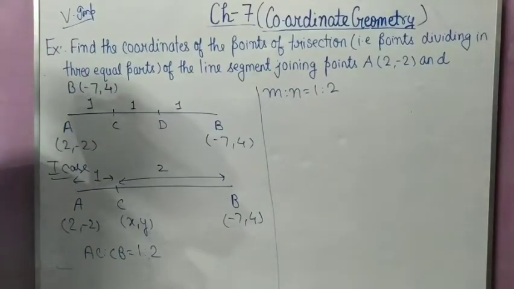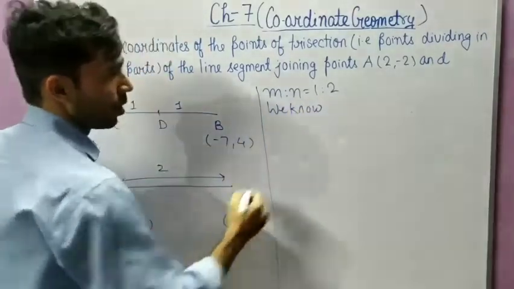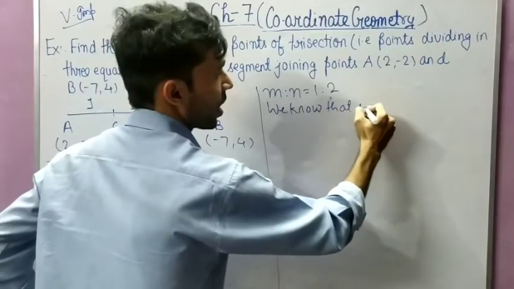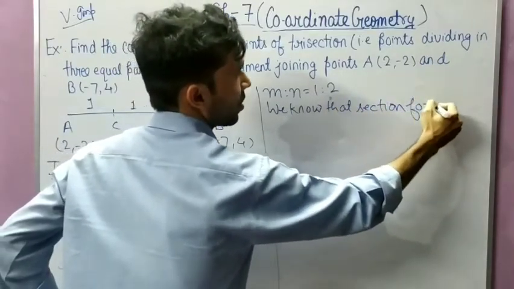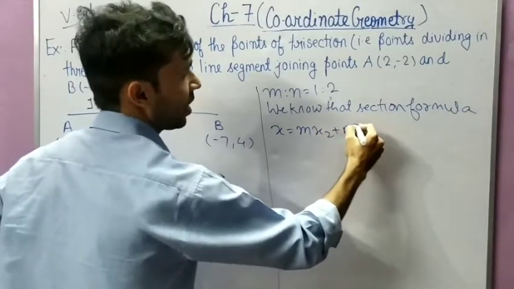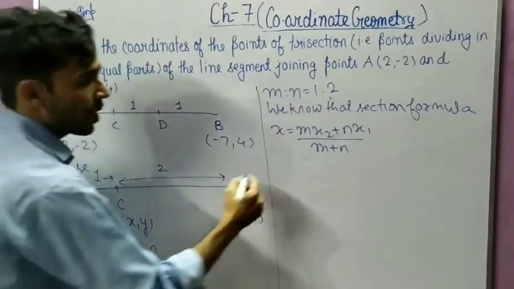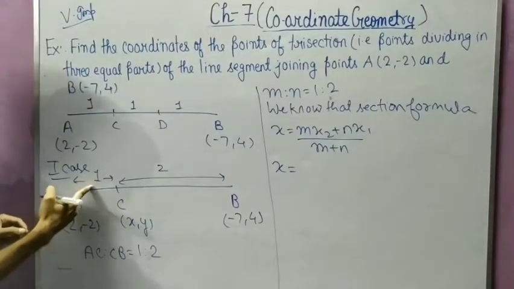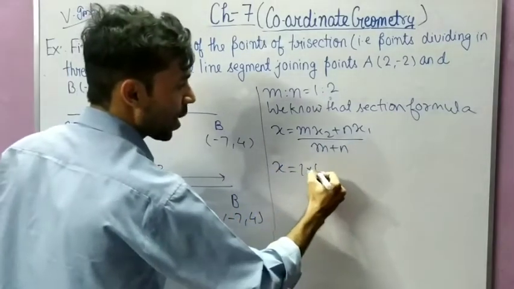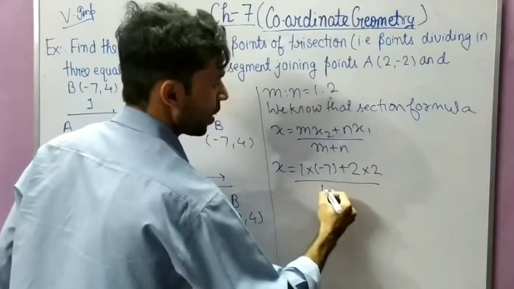Now apply the formula, the section formula. We know that the section formula says x = (m x2 + n x1) / (m + n). We have to find x. Now what is m? Here m is 1, this part is m and this part is n. So m is 1 and n is 2: x = (1 × -7 + 2 × 2) / (1 + 2).